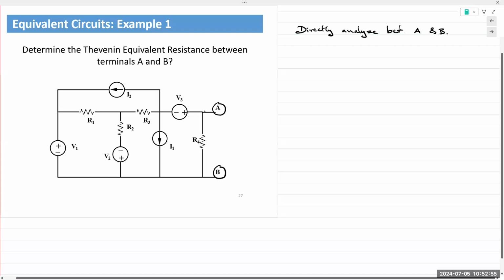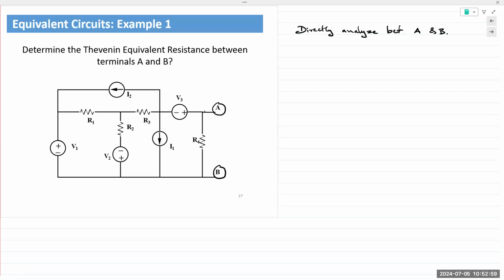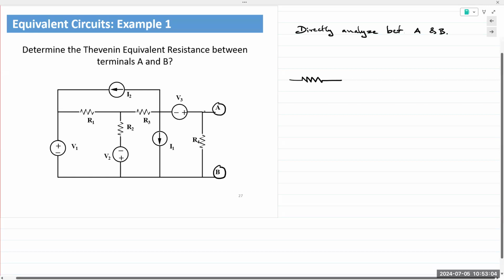The first step for Thevenin resistance is to reduce all independent sources to 0. So I will first draw out the resistors, and then I will draw out the place where the sources are connected.